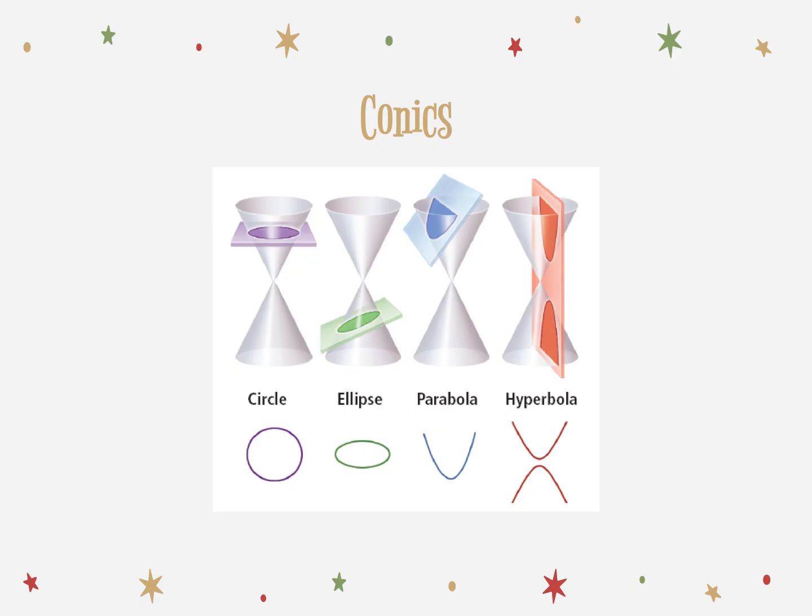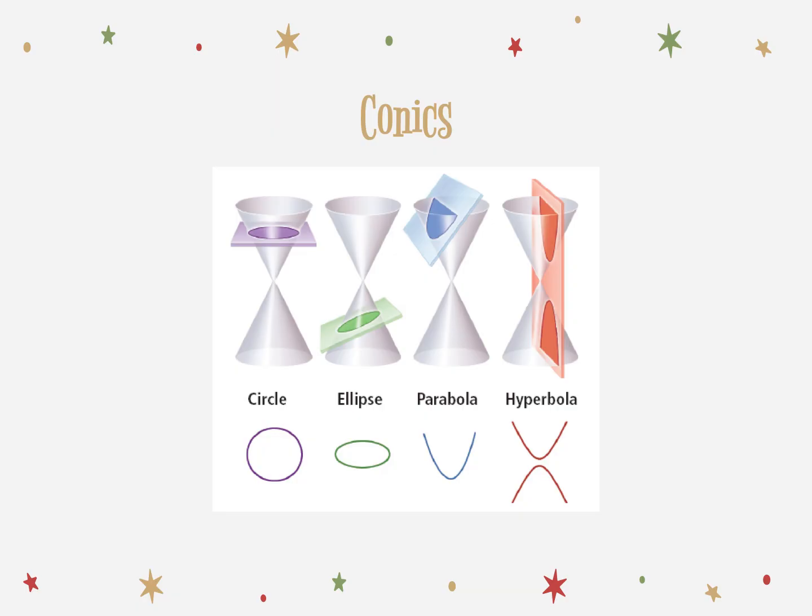If you only cut through one side of your cone, never touching the other side, it just goes on forever and ever that way. We get parabolas, which you know as relating to quadratic functions. But today we're going to discuss all kinds of parabolas, whether they are functions or not.